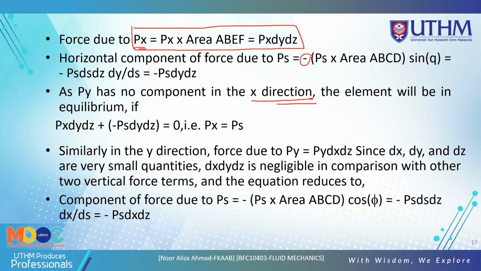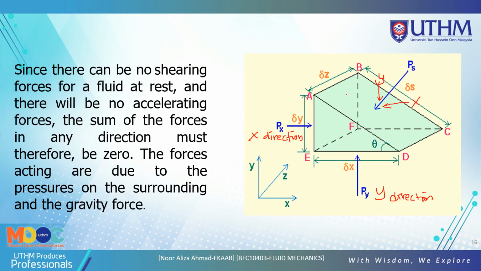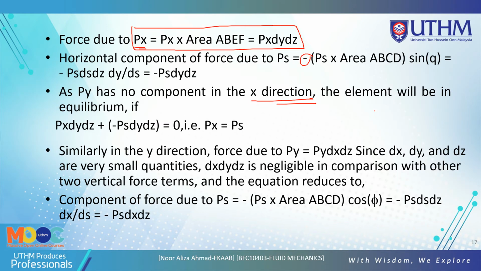PS is the pressure on S, times the area ABCD, times sine theta, because it is slanted and has an angle. So PS times the area ABCD times sine theta.